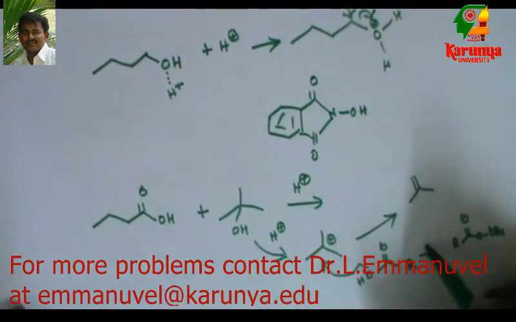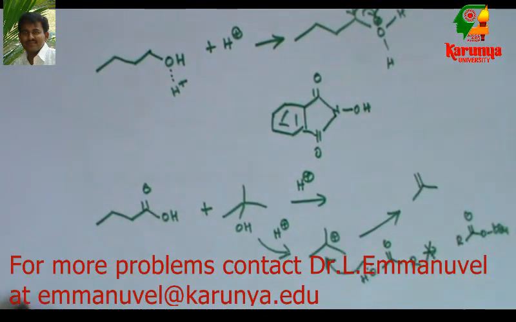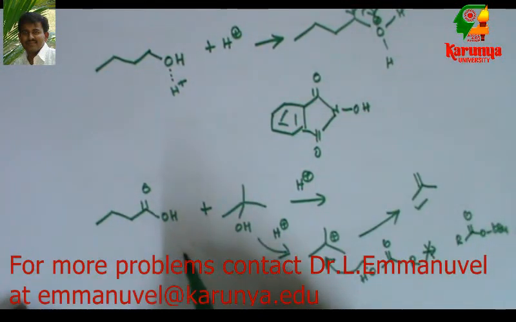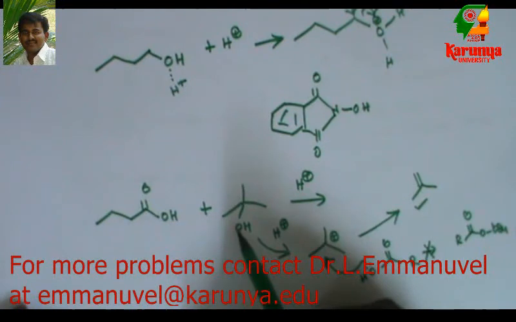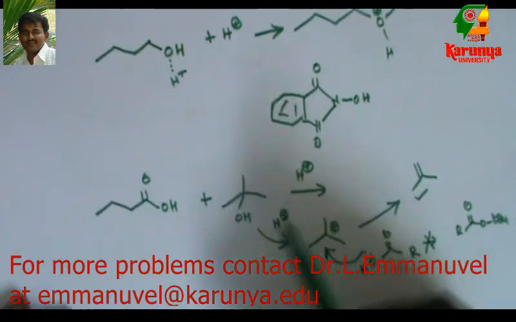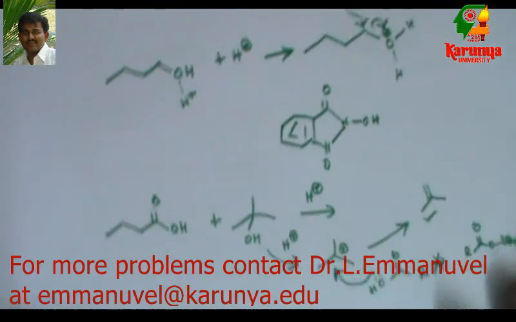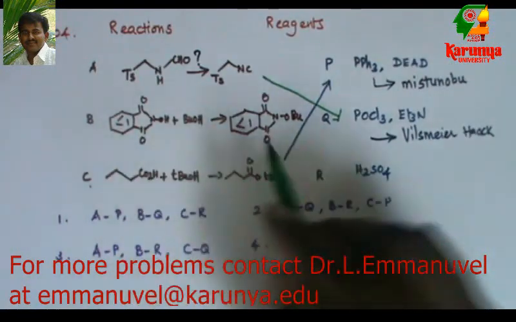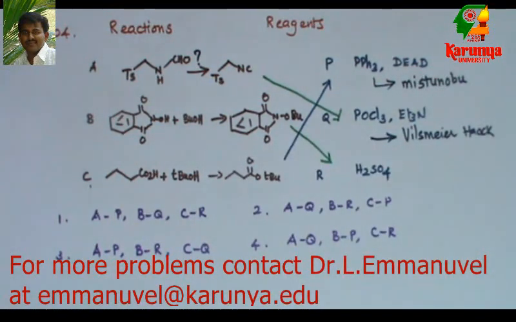So this reaction pathway is less favored compared to the earlier one. So we get the elimination product. So this is not a suitable condition for esterification with tertiary butanol. If it is methanol, then the reaction will proceed in the presence of H plus. In the case of tertiary butanol, the reaction pathway is different. We have to match this O-alkylation with H2SO4.